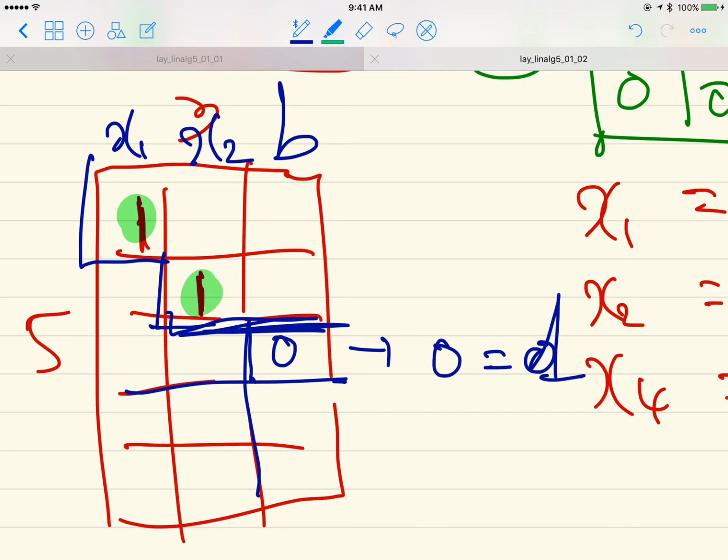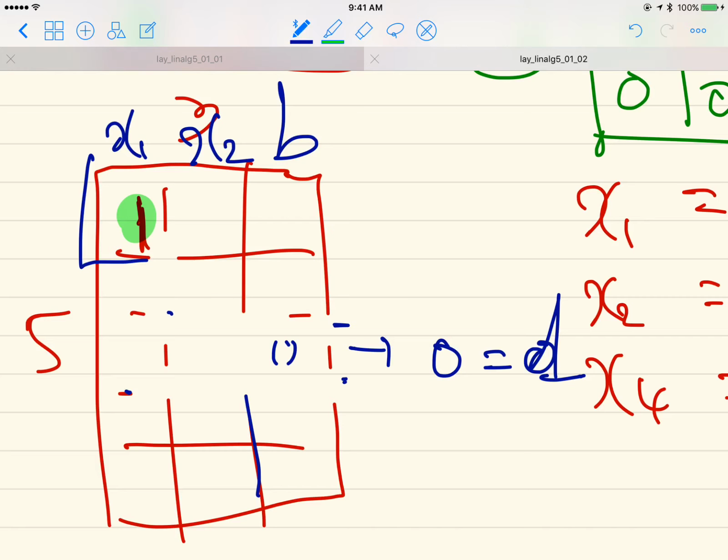So in this case, how should the staircase be? In order to have infinitely many solutions, we have to have a free variable. That free variable shouldn't have a pivot. And then the possible staircase that I can imagine is just this.